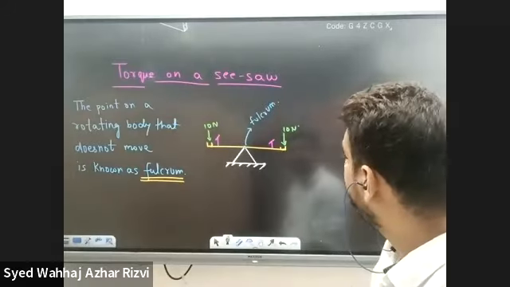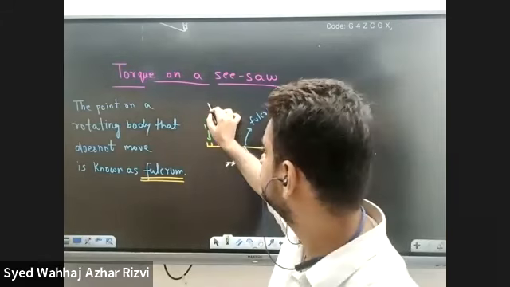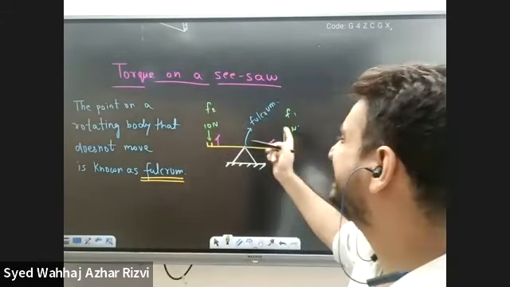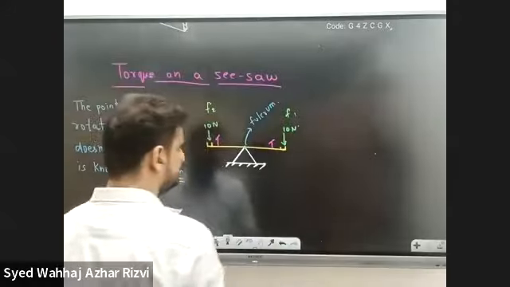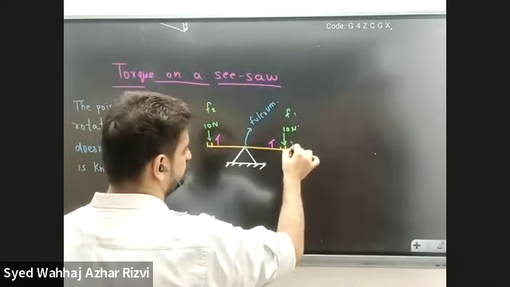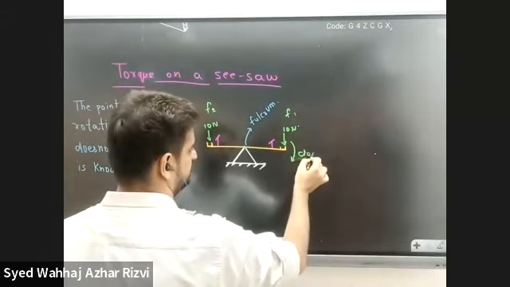Why? Because the turning effect of the force F1 and the turning effect of force F2 would cancel each other, right? So what would this F1 try to do? It will try to make it go clockwise, right?